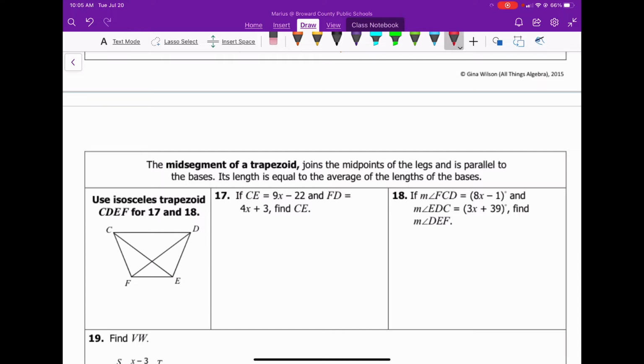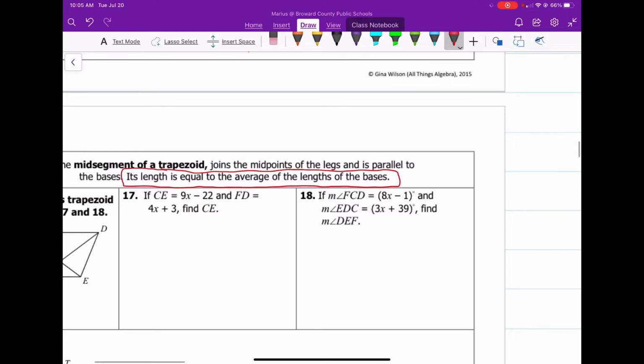All this sweet talk basically means the mid segment equals 1/2 times base 1 plus base 2.